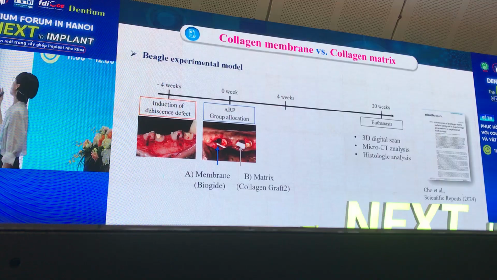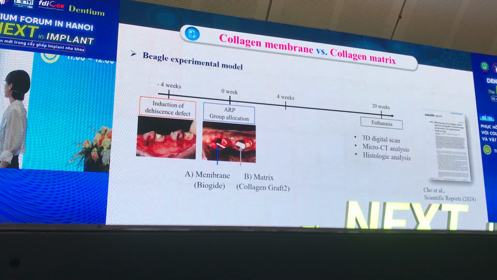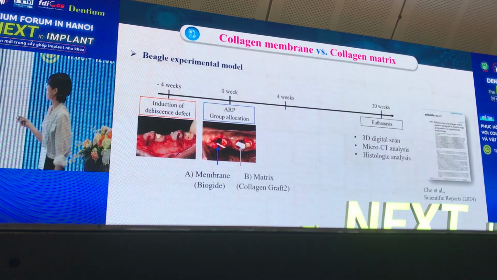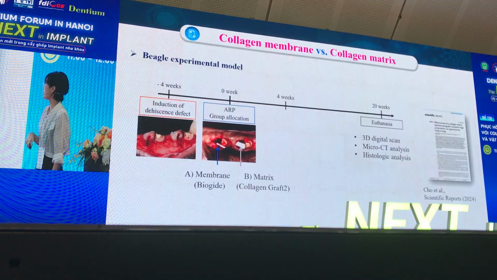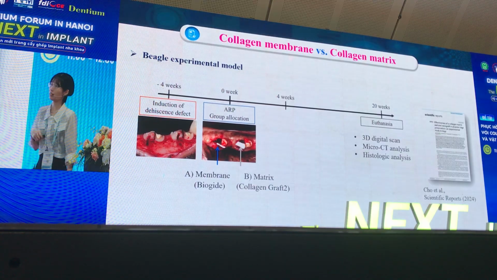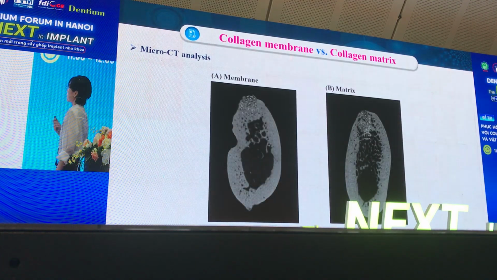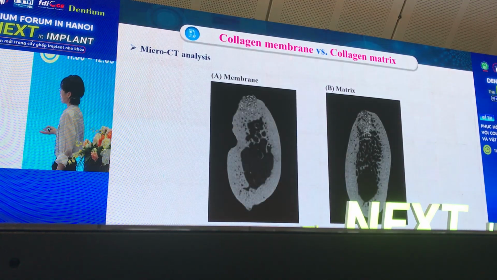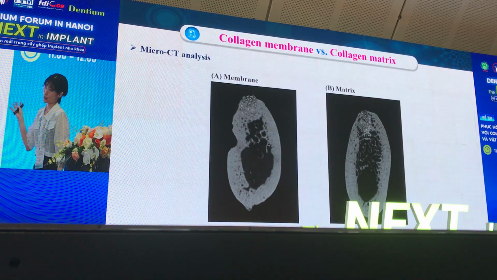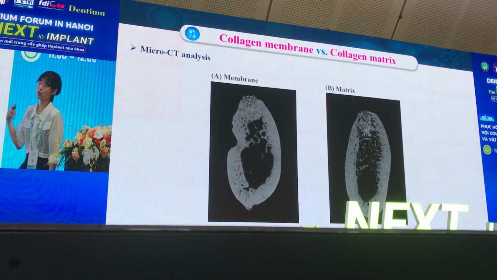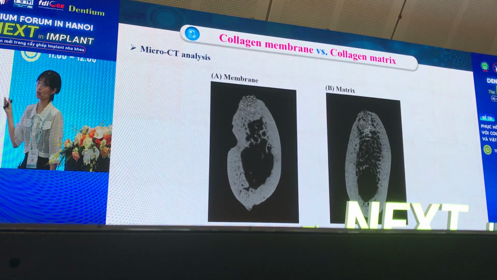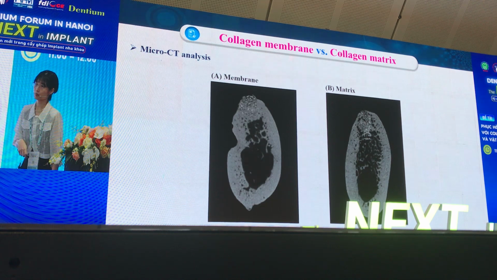And after 20 weeks, we did the sacrifice and did analysis using the 3D scan, micro-CT analysis and histologic analysis. This micro-CT data shows that when we use the Collagen Graft 2, we can make more good and stable bone regeneration.